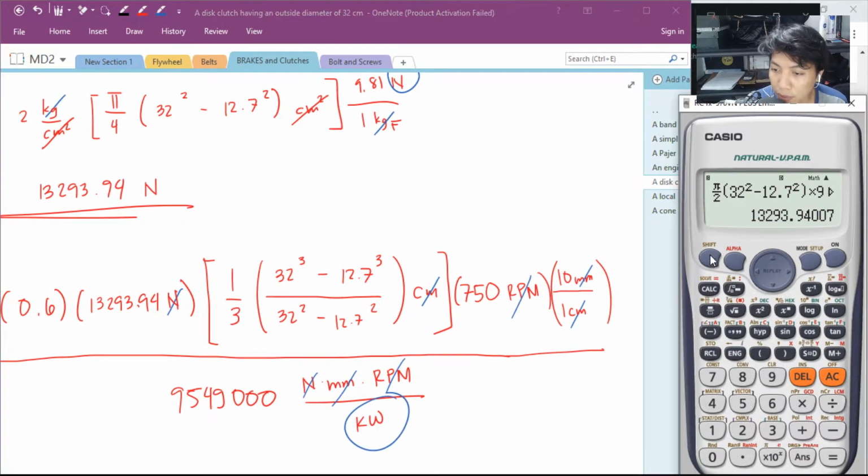So, isave ko tong value na to kay A para hindi na ako magta-type ulit. Yan. 0.6 multiply to, recall natin si A. And then, multiply to 1 over 3. Okay. Times multiply natin kay 32 cube minus 12.7 cube.